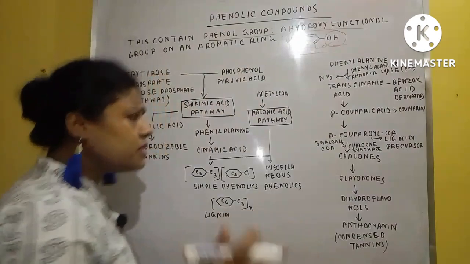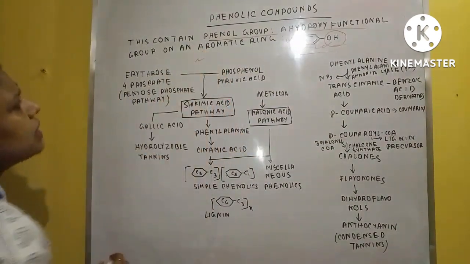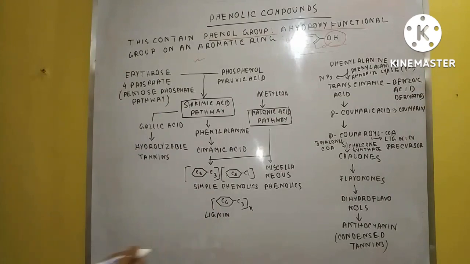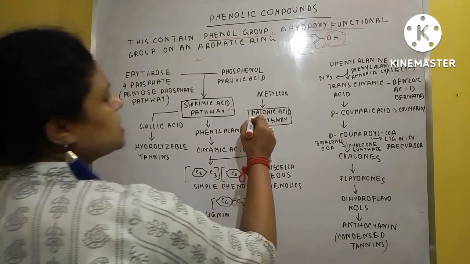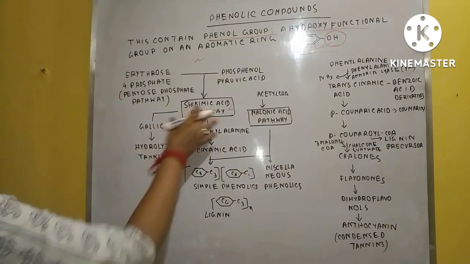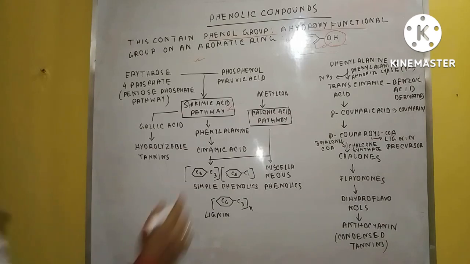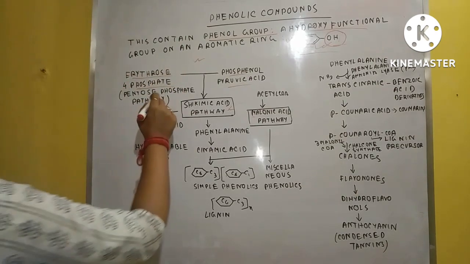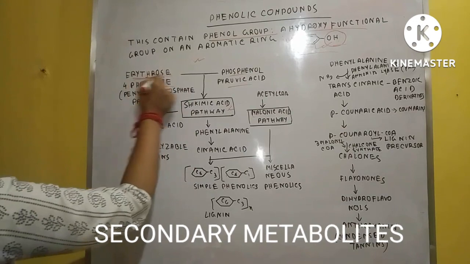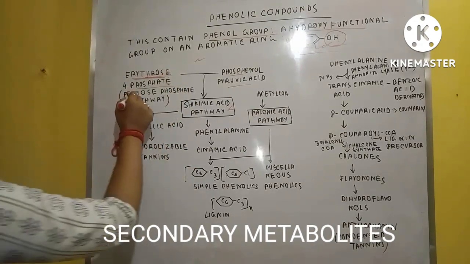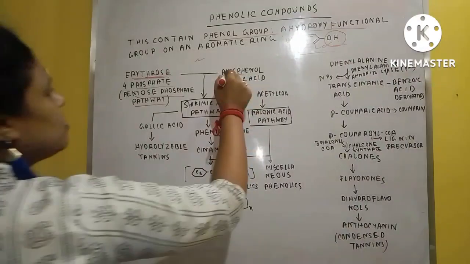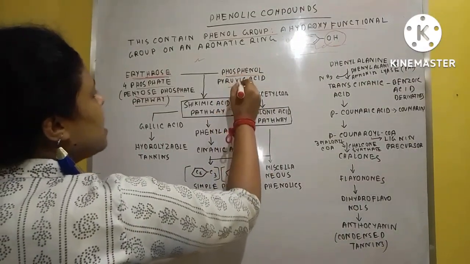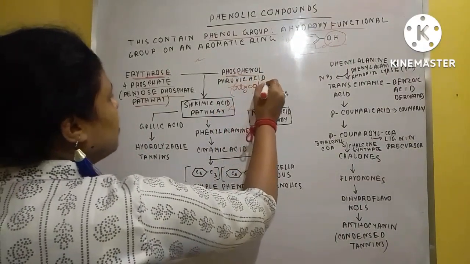Okay, so this is the biosynthesis process of the phenol group. You can see there are two pathways here: one is the shikimic acid pathway and the other is the malonic acid pathway. In the shikimic acid pathway, phosphoenol pyruvic acid and erythrose phosphate are both added. The erythrose phosphate comes from the pentose phosphate pathway, and the phosphoenol pyruvic acid comes from glycolysis.